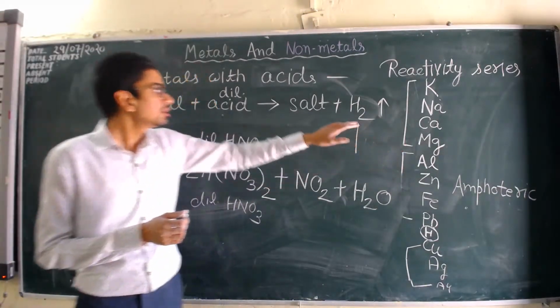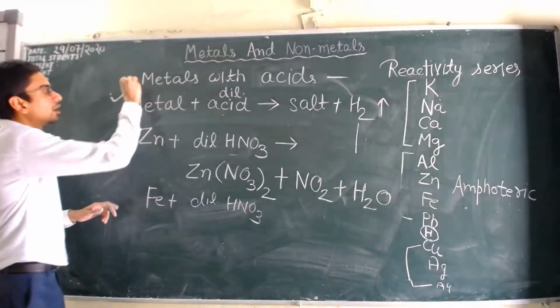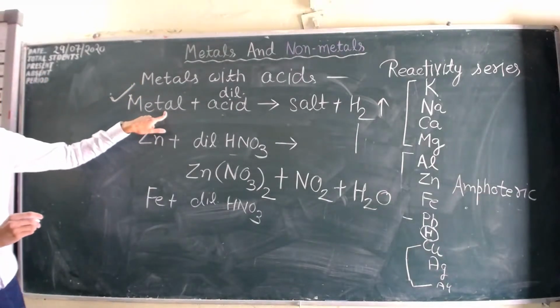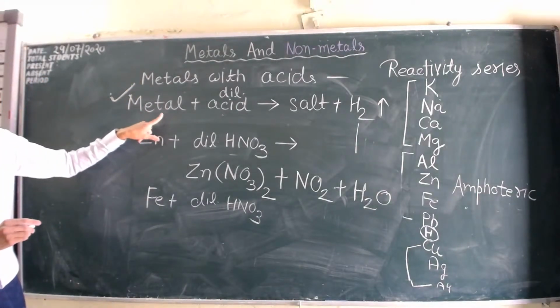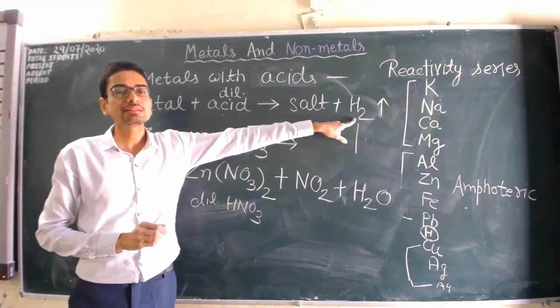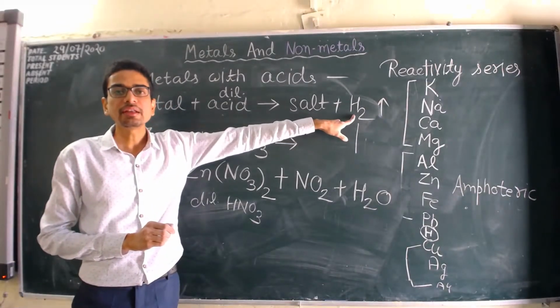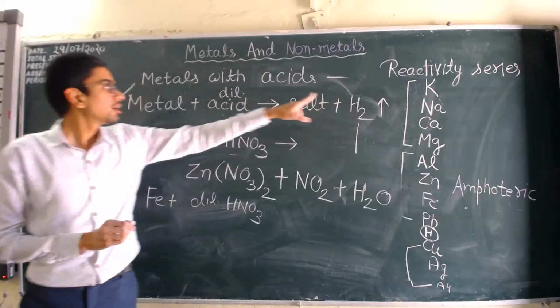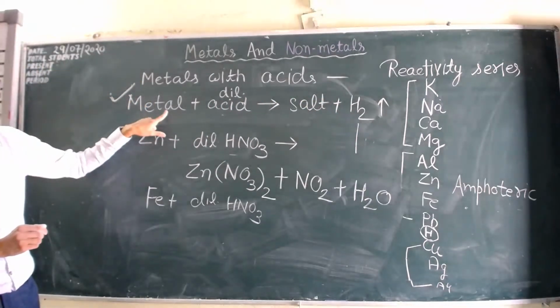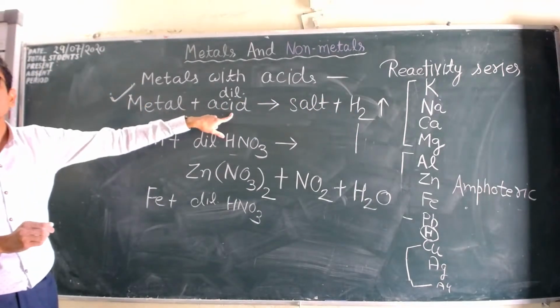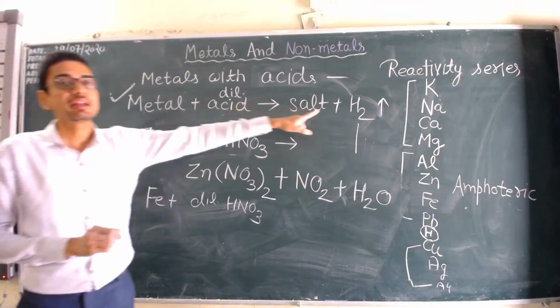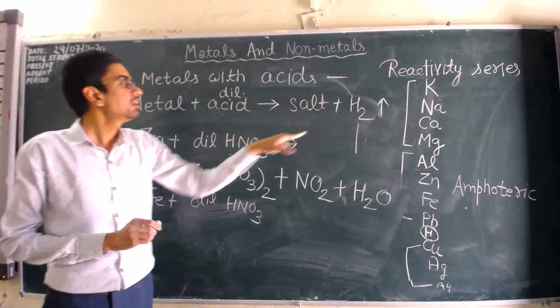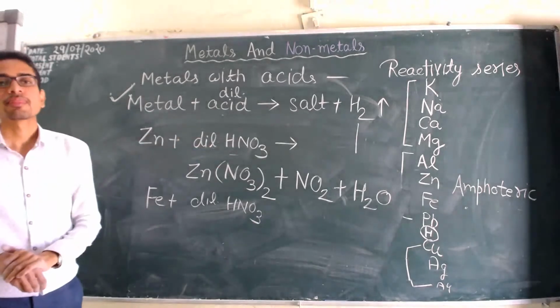In this reaction, if the character of the metal is stronger, if the metal is very strong, then the possibility of hydrogen gas being released is higher. If the metal is very strong and the acid is very dilute, then hydrogen gas will be formed in the case of nitric acid also.